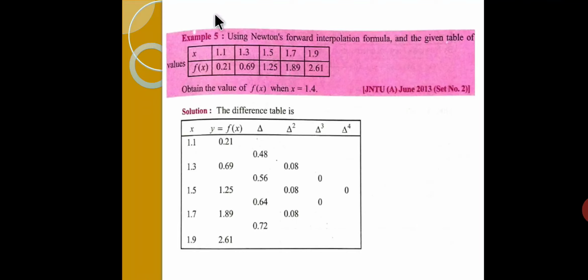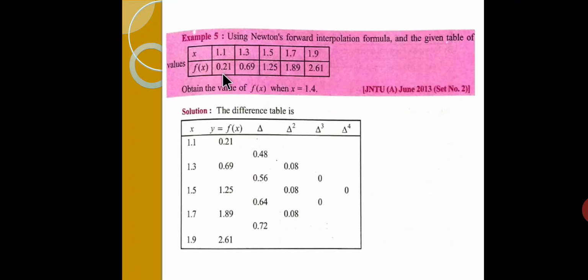So one more problem. Using Newton's forward interpolation formula and the given table of values. The given arguments for x are 1.1, 1.3, 1.5, 1.7, 1.9. We observe that the difference is 0.2, so h is equal to 0.2.